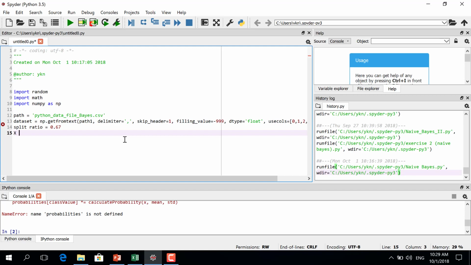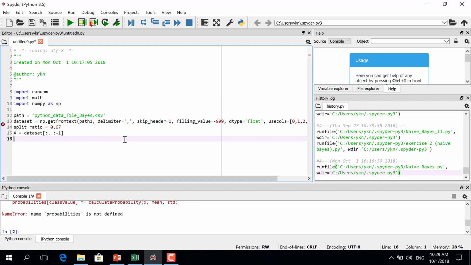And then we have to put here the data set x equal to the data set, comma, :-1. Minus 1 means the last column.